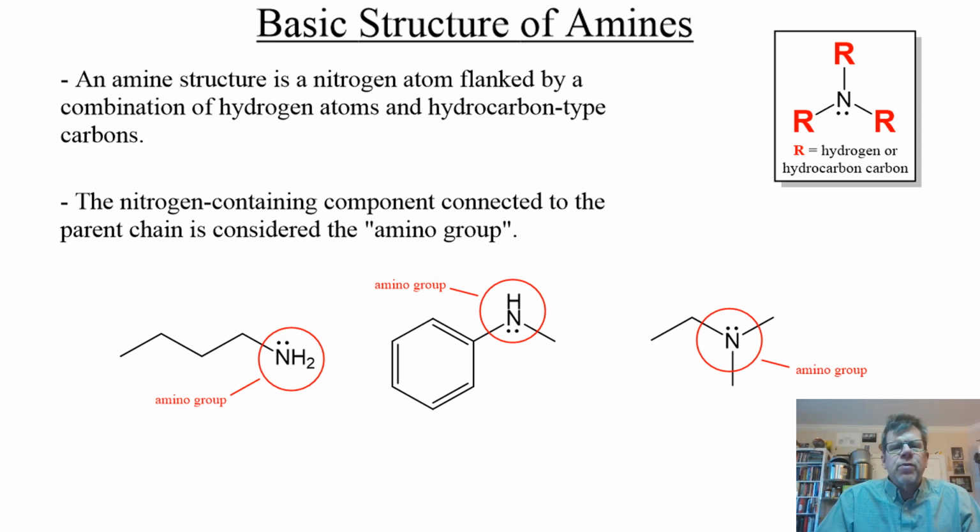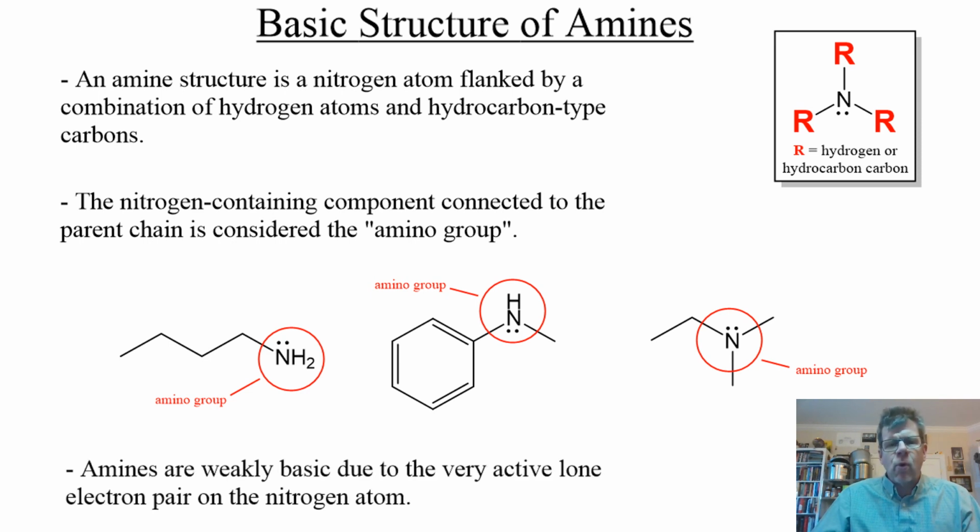All of the 3 bonds emanating from the amino group, in each case, terminate in either hydrocarbon type carbon or hydrogen. So one thing that is important about amines, which we'll be looking into, is that amines have a weakly basic character. Basic meaning the opposite of acidic. So they act as weak bases due to the very active lone electron pair, which is always on that nitrogen atom.